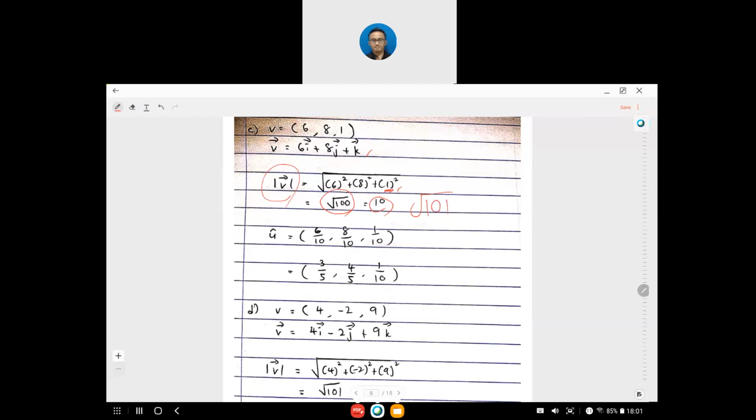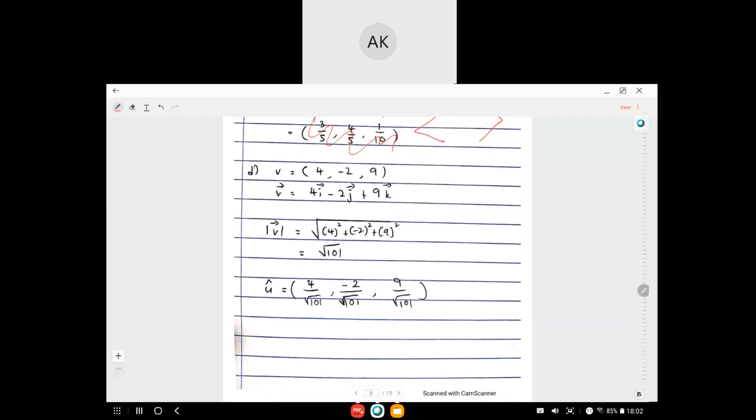Okay, so it's not 10. Okay, this one is square root of 101. Tukar balik. And then this one make sure biar nampak tajam sikit. Boleh? Bila awak buat macam ni seolah-olah macam circle bracket. Nampak tajam. Boleh faham ke tidak? Faham sir.